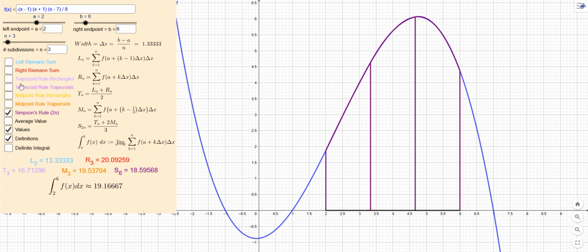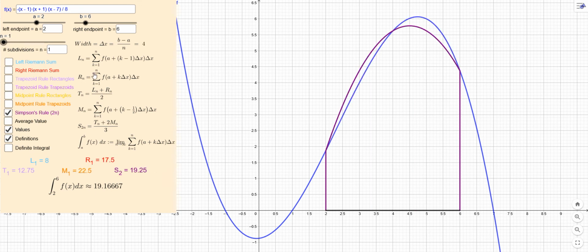Now, it turns out that Simpson's rule, another way to get it is to approximate these things with parabolas. So probably the easiest way to do that is just to see it with one interval. We take the middle of the interval, and the parabola is going to hit that point. This end here it's going to hit, and that end's going to hit here. And so we have a parabola that goes through those 3 points. Remember, for a constant function, you just need 1 point to define it.